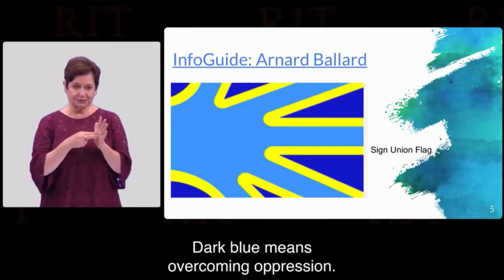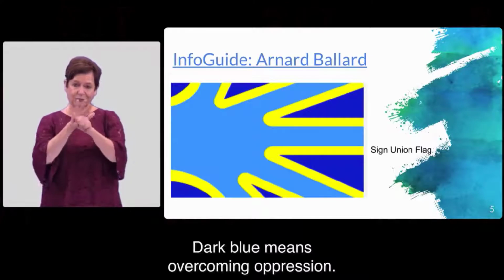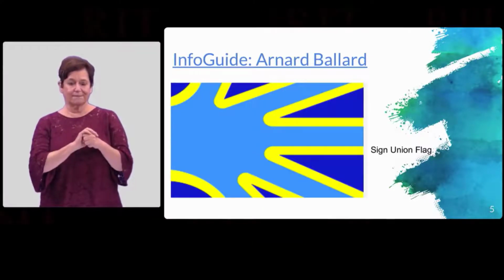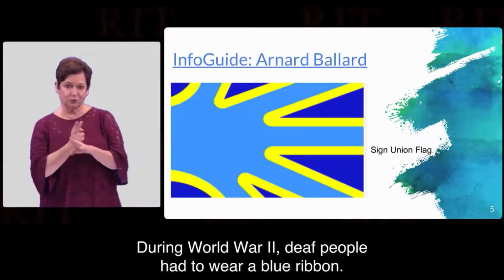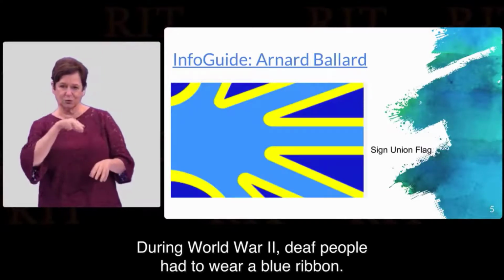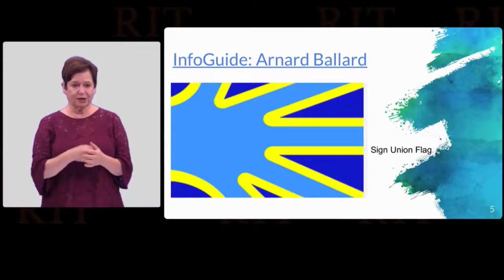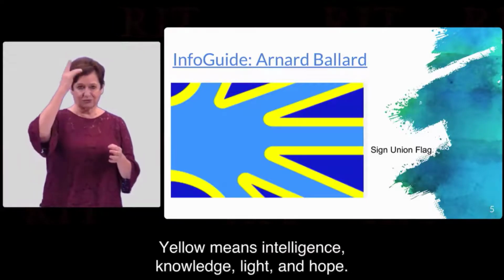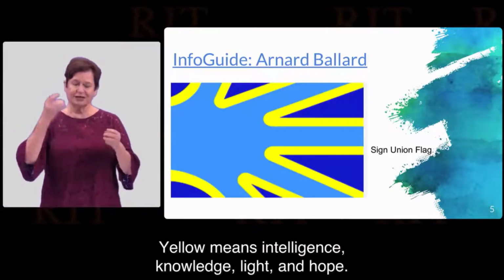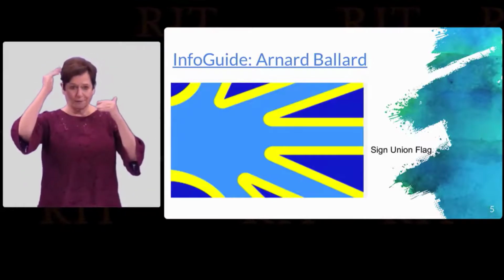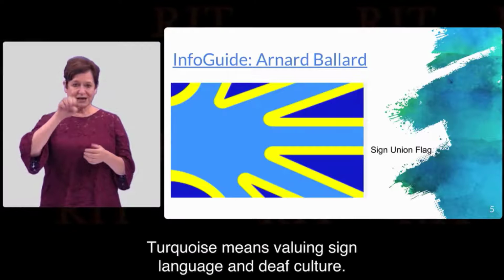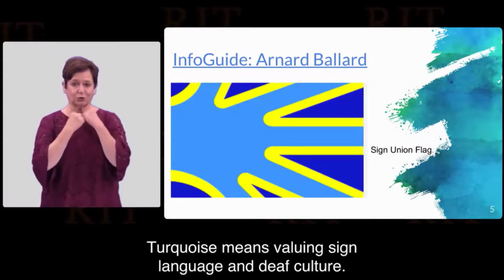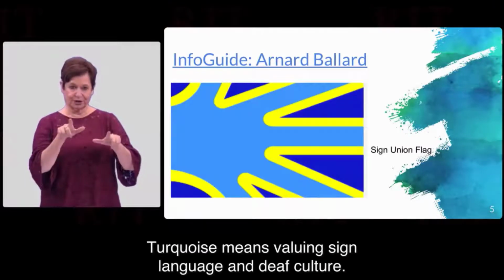Dark blue means overcoming oppression. During World War II, deaf people had to wear a blue ribbon. Yellow means intelligence, knowledge, light, and hope. Turquoise means valuing sign language and deaf culture.